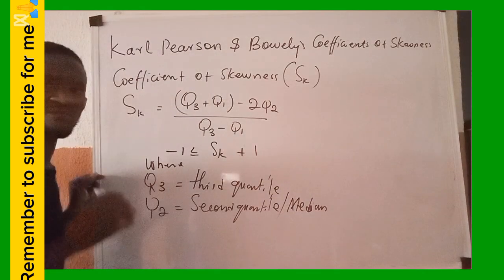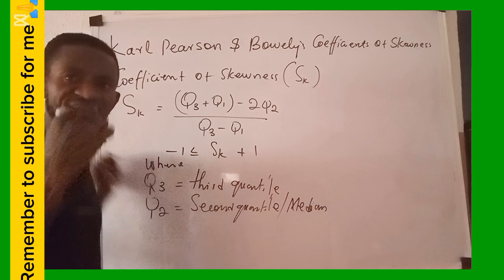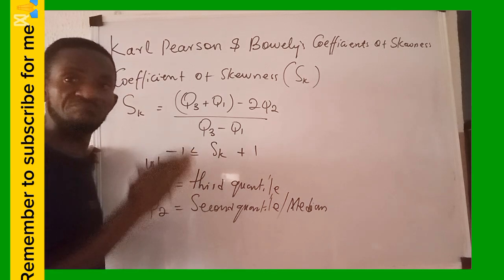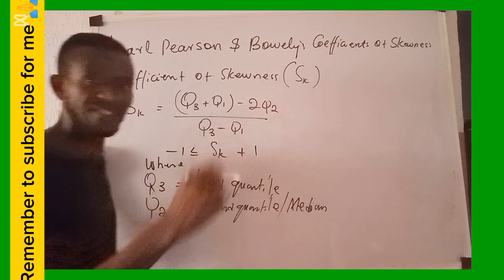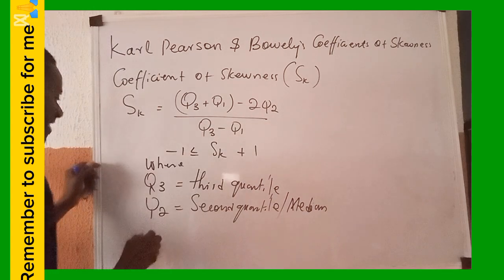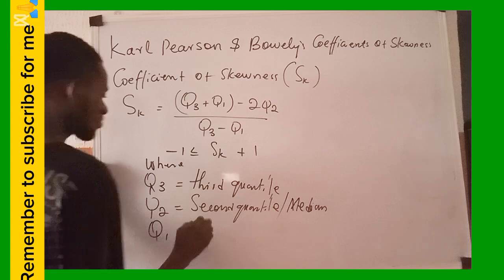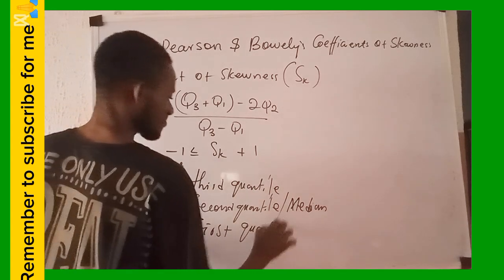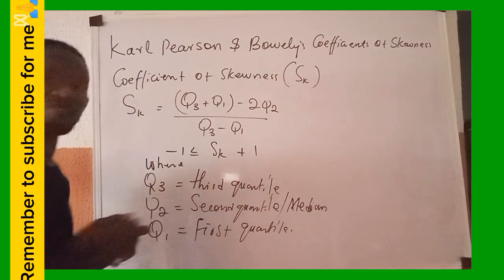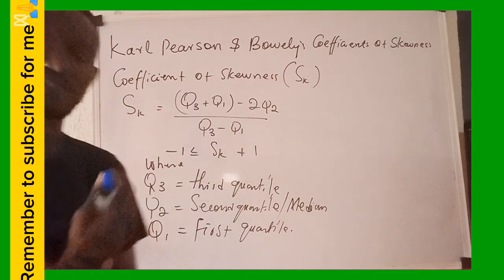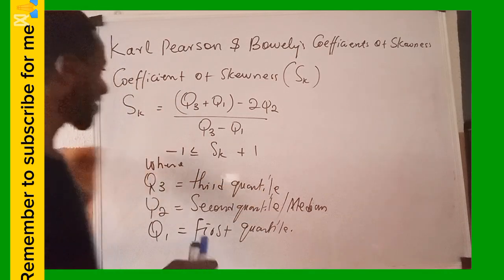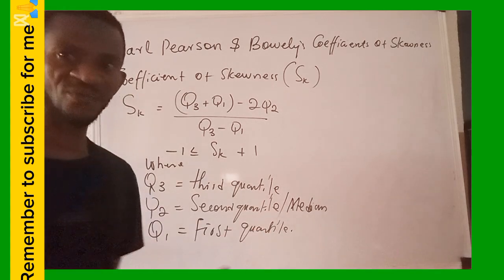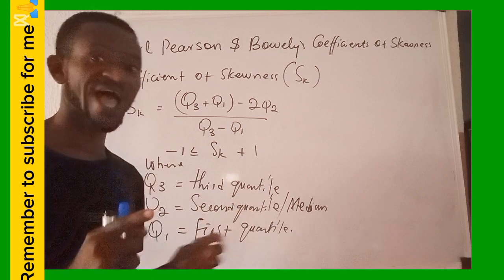This was seen when we treated the measures of central tendency, even though we are going to look at quartiles in a separate class. Then our Q1 is what we call the first quartile. So this is according to Bowley's. What we are going to do is quickly clean down the board and take a real life example to see how these things are done.